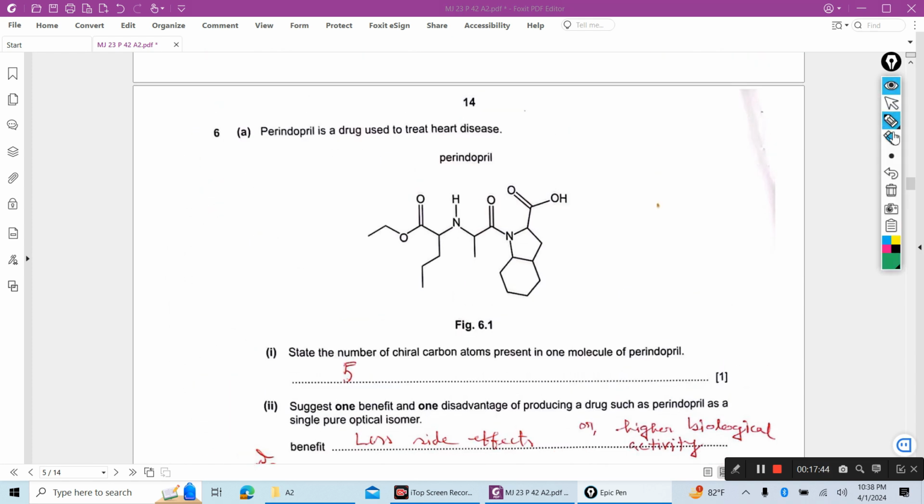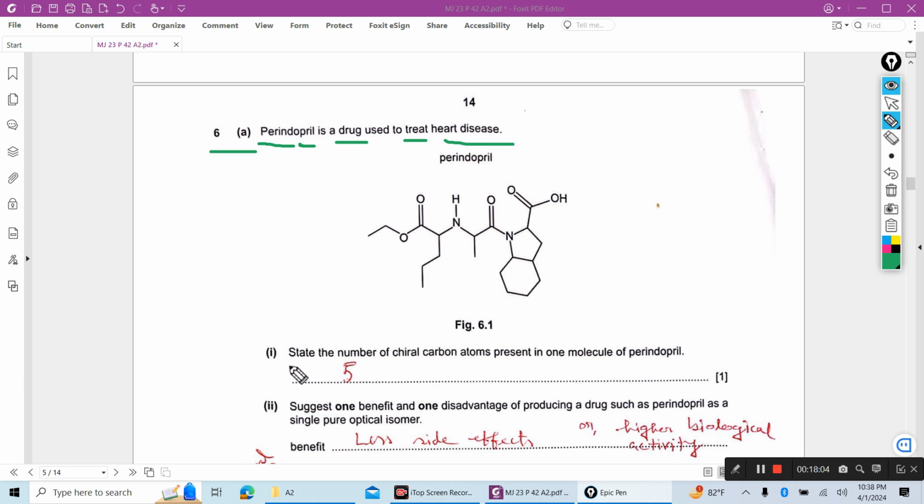Number 6, perindopril is a drug used to treat heart disease. So this is an organic compound.